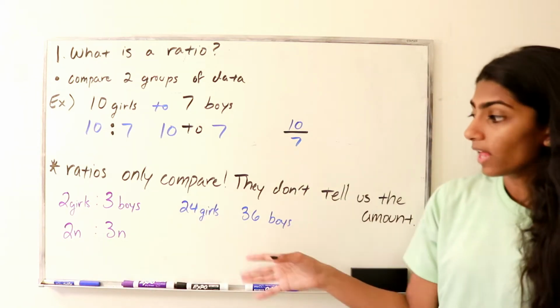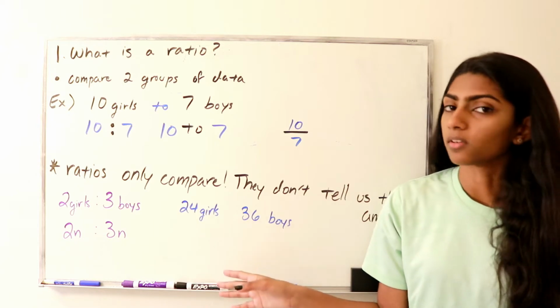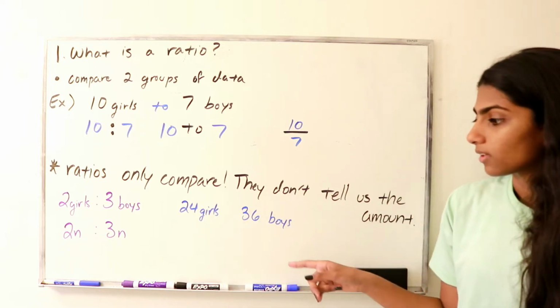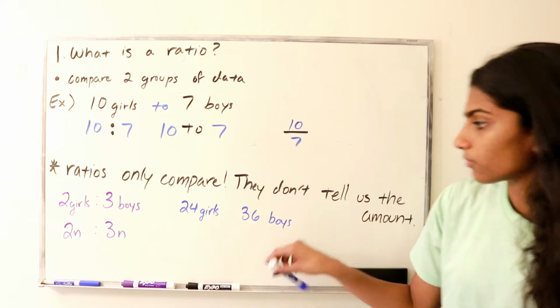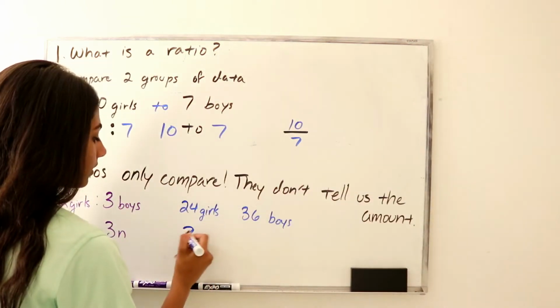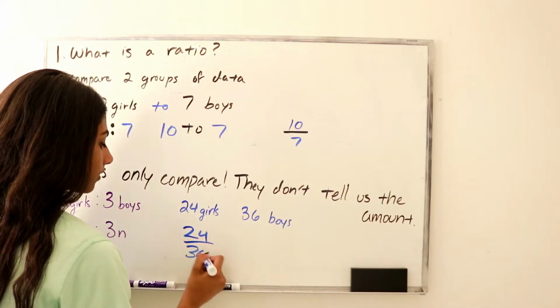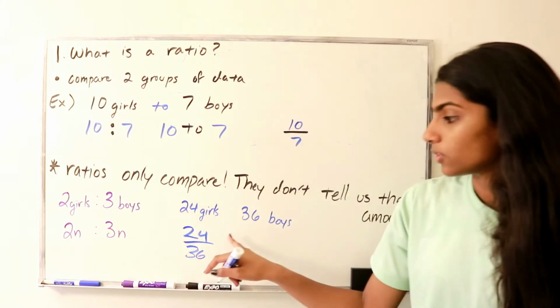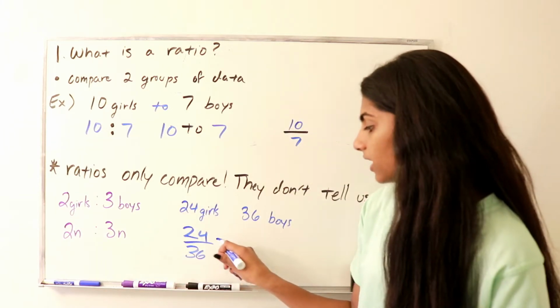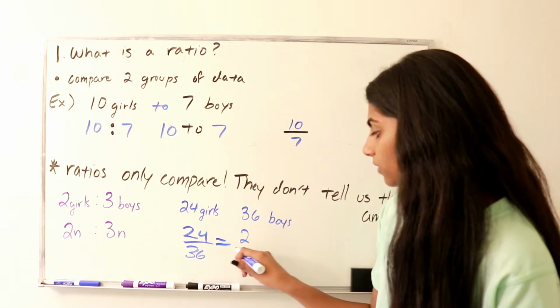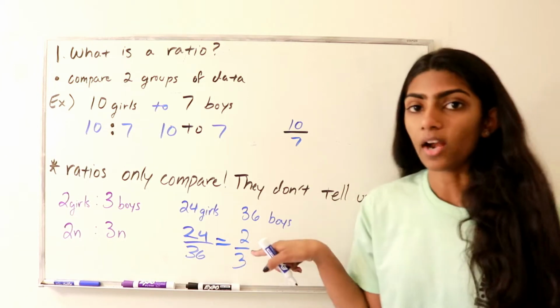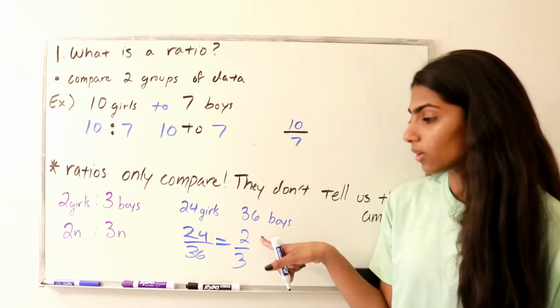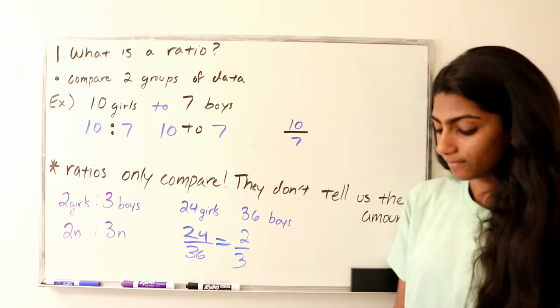So in reality, we could actually have 24 girls and 36 boys. But then you would write this in ratio form, like this, 24 over 36, but then you would simplify that and actually get 2 over 3. And this is our actual simplified ratio, 2 girls to 3 boys.